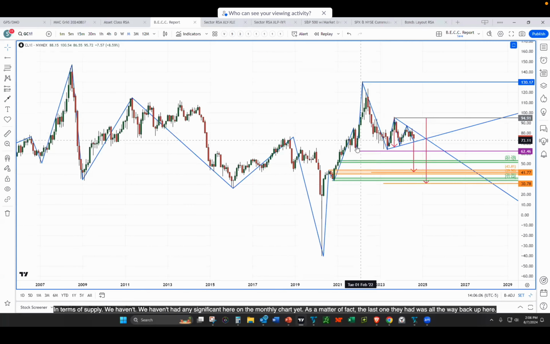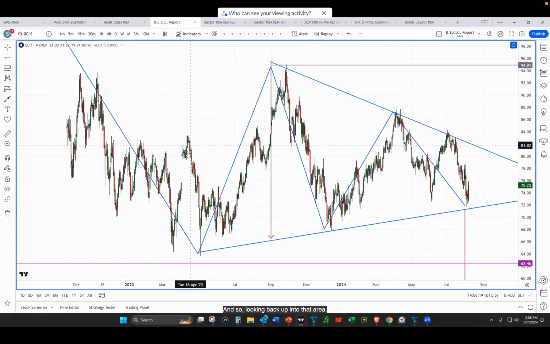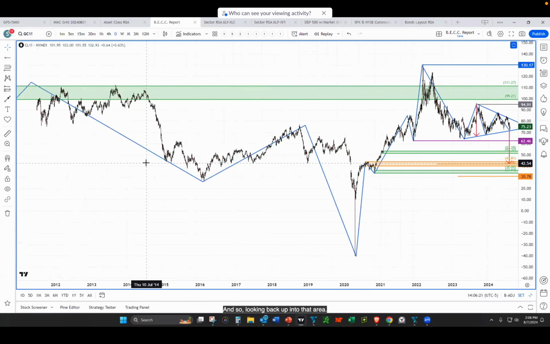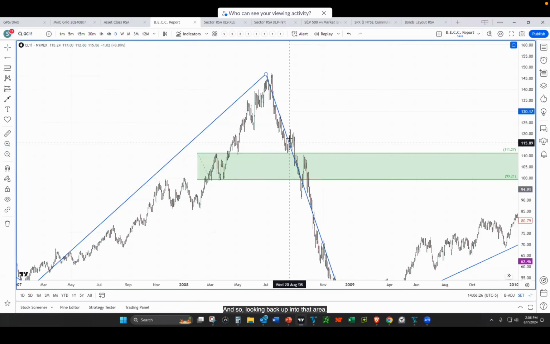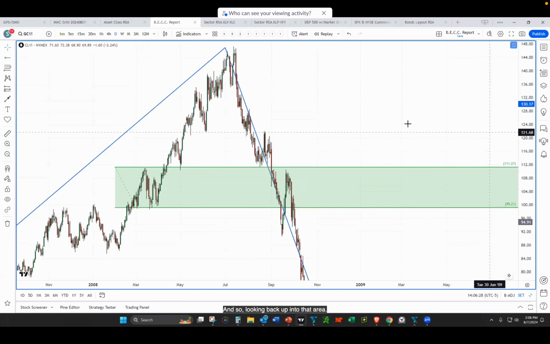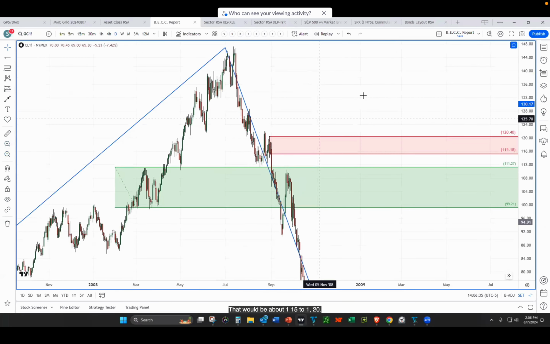But in terms of supply, we haven't had any significant imbalances here on the monthly chart yet. As a matter of fact, the last one that you had was all the way back up here. Okay. And so looking back up into that area, that would be about 115.18 to 120.